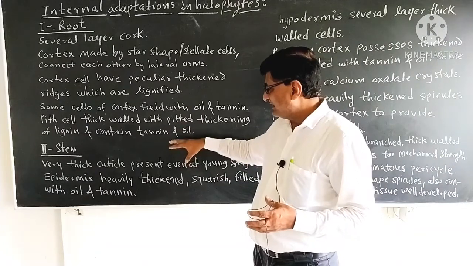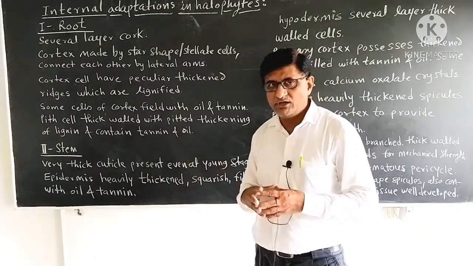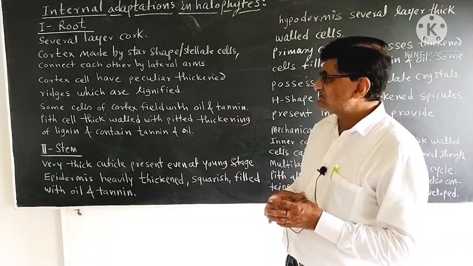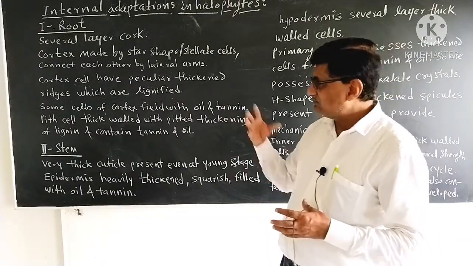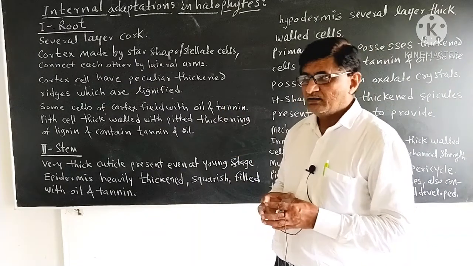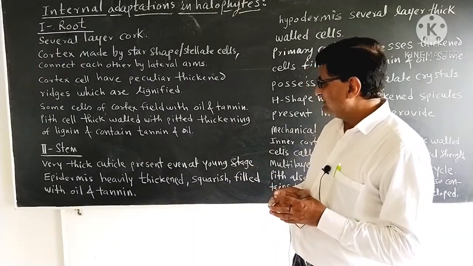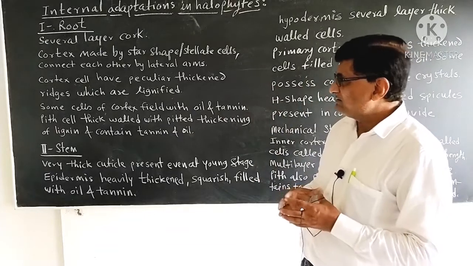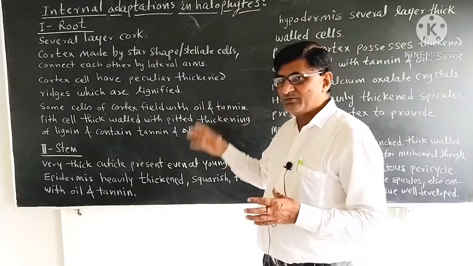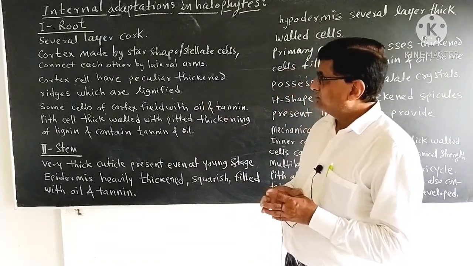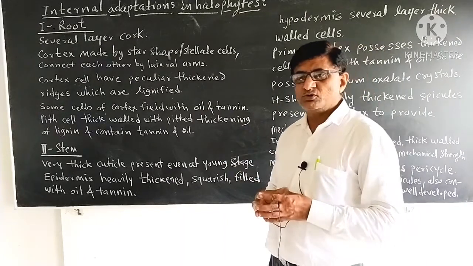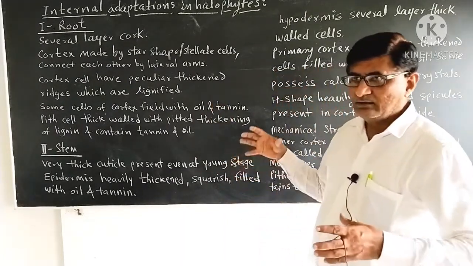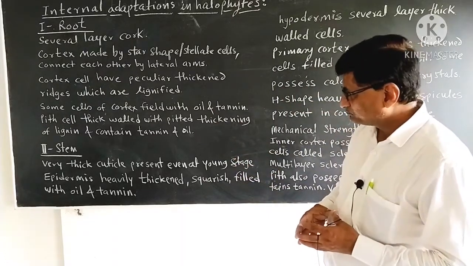They are lignified and also contain tannin and oil. Most of these features support mechanical strength by the deposition of oil, tannin and lignin, and heavily thickened cells are present in the root, which also support the mechanical strength of the halophytic plant as well as the root.